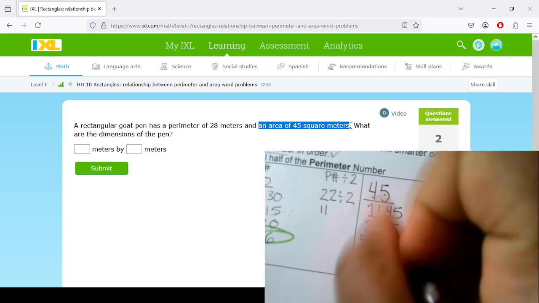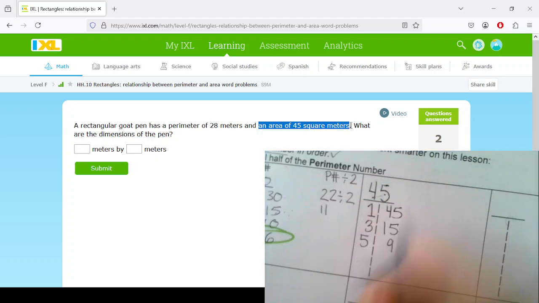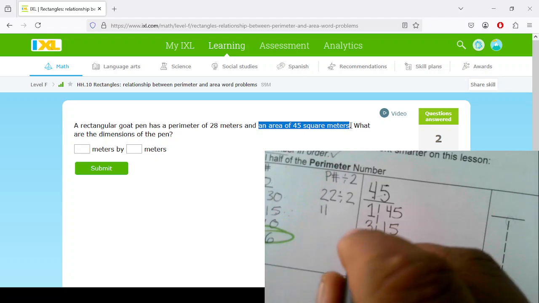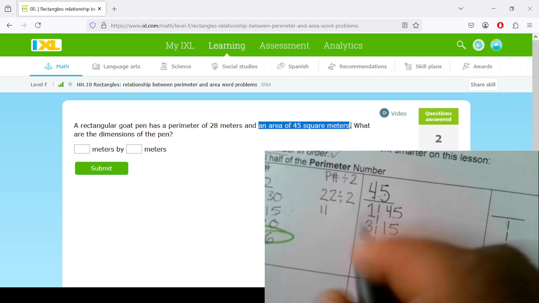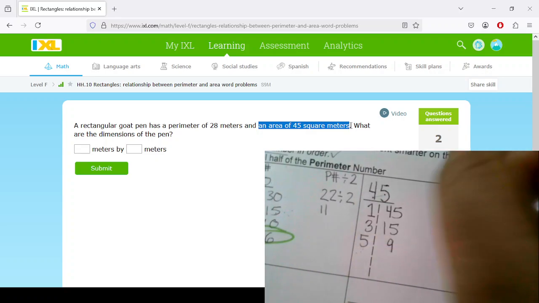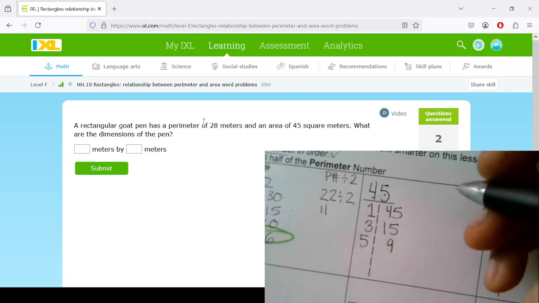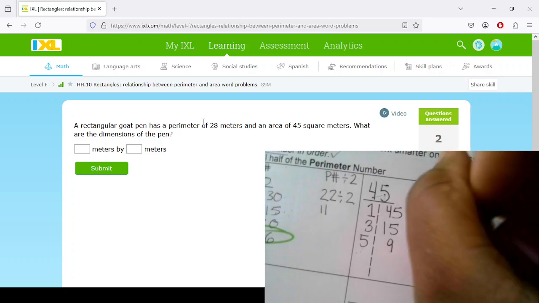5 and 9 are on the list. I don't need to check any even numbers. 7 is not on the list. I don't need to check 8. 9 and 5 will be on the list. And when my factors repeat, I'm done. So I factor my area number. And then I'm going to check, okay, what is half of my perimeter?